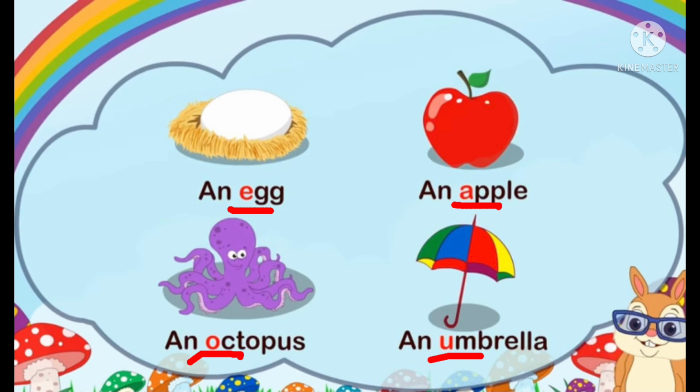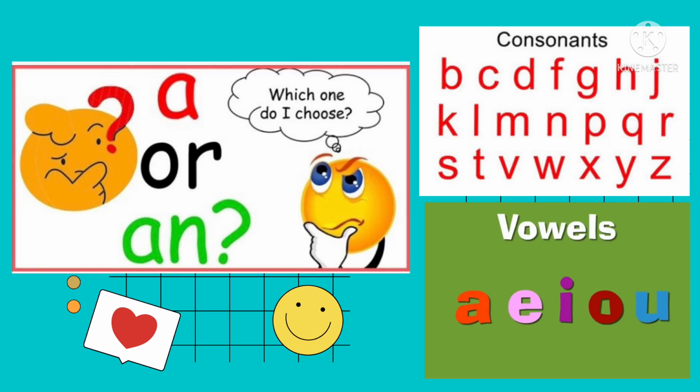Yes, kita akan guna an. An egg, an apple, an octopus, an umbrella. So, please remember perbezaan antara a or an. Kalau mula dengan A, E, I, O, U, kita guna an. Selain daripada A, E, I, O, U, kena guna a.